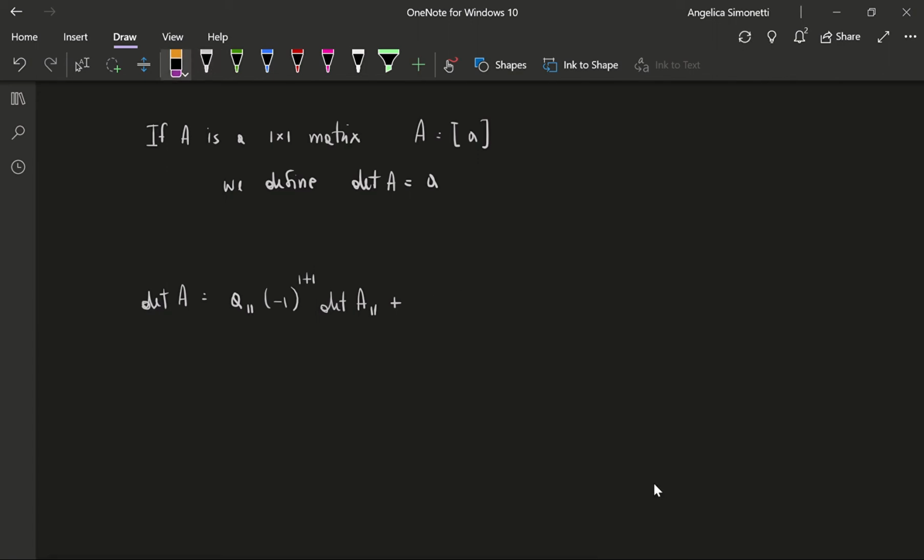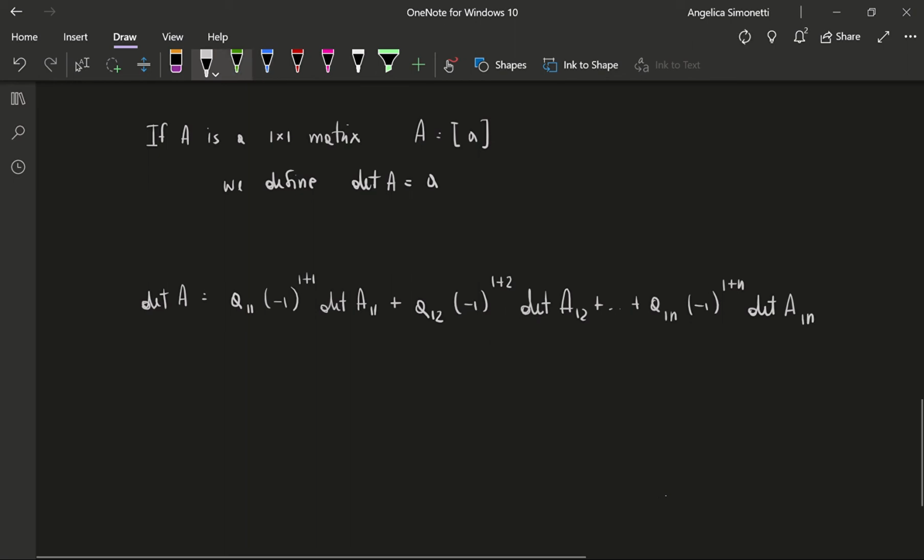Sorry. a_12, minus 1 to the power 1 plus 2, determinant of A12, all the way up to a_1n, then again this sign, and then the determinant of A1n. For the sake of notation, I'm going to take the determinant and the sign together and give a name to this.